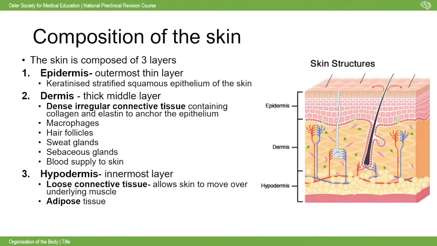So looking at the composition of our skin, the outermost layer is our epidermis. And you can just see this labeled on our diagram to the right. And this is going to be stratified epithelia because we have multiple layers of cells. And these actually become terminally differentiated into keratinocytes as you move outwards.